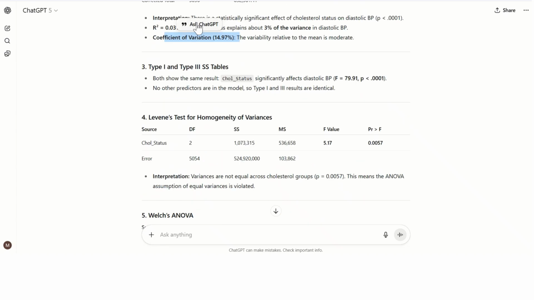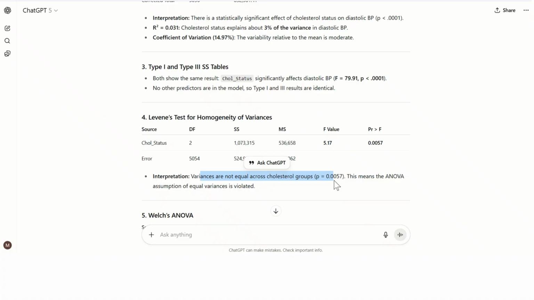Let's move on to the next table, type 1 and type 3 sum of squares table. These are mainly interpreting if there was equal variance across the groups, and because the p-value is less than 0.05, the interpretation was that the variance was not equal across the cholesterol groups.